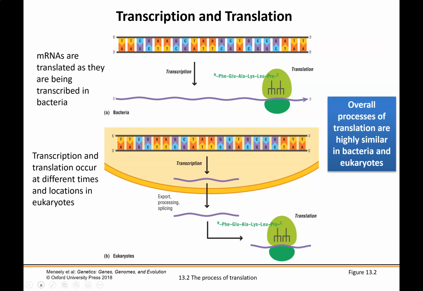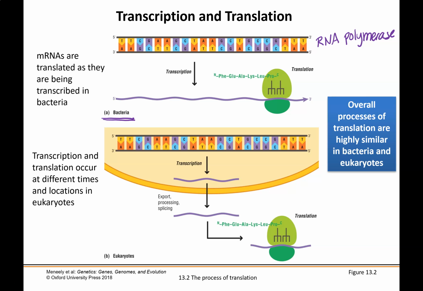So, a quick review of the process of transcription. We have our coding strand. It is transcribed by RNA polymerase into a messenger RNA. Now, transcription and translation in bacteria are all occurring in roughly the same location.